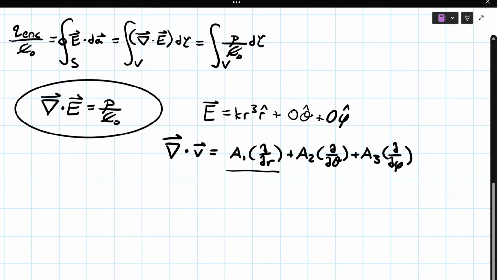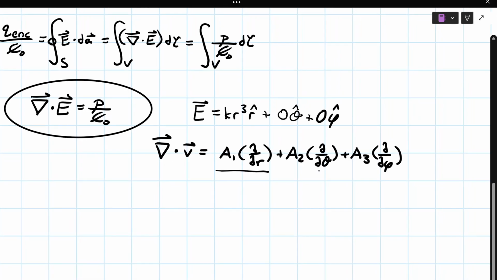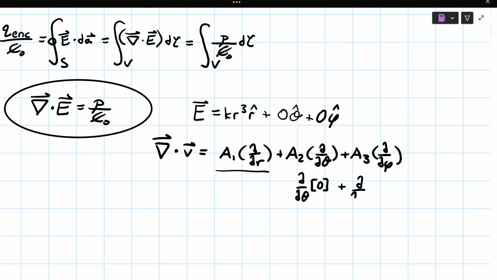So there won't be a component to take the derivative del del theta or del del phi of. You could say that you're taking the derivative with respect to theta of 0 plus the derivative with respect to phi of 0, and that's just going to give you 0. So that makes these unnecessary.